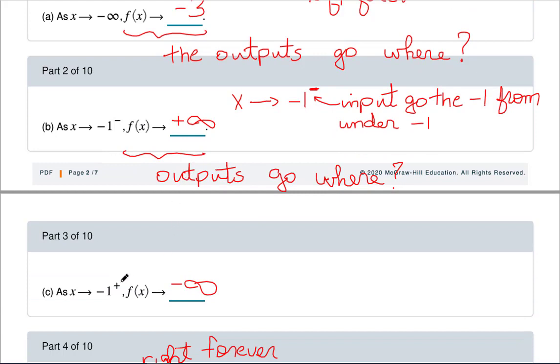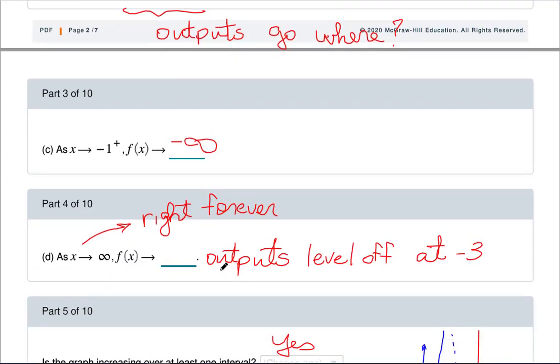As we come in from the other side, we saw it's going down to -infinity. And then we answered the question about as we went to the right forever, it's leveling off at -3.